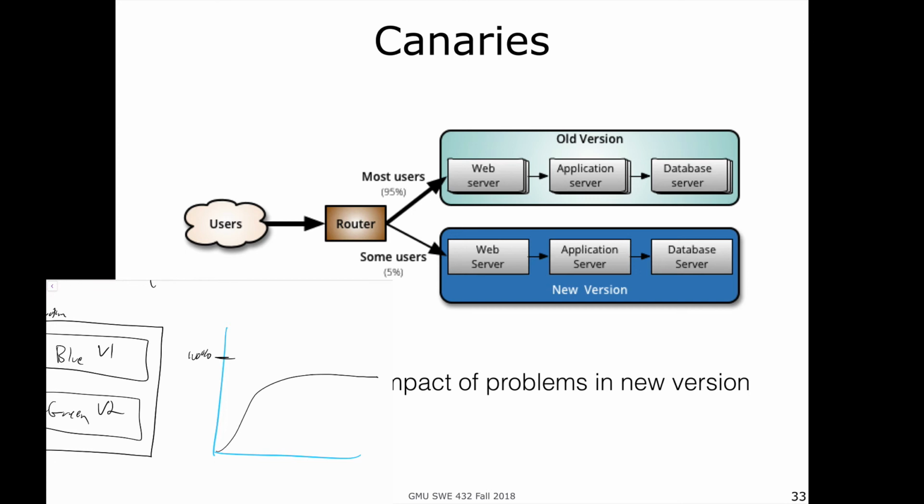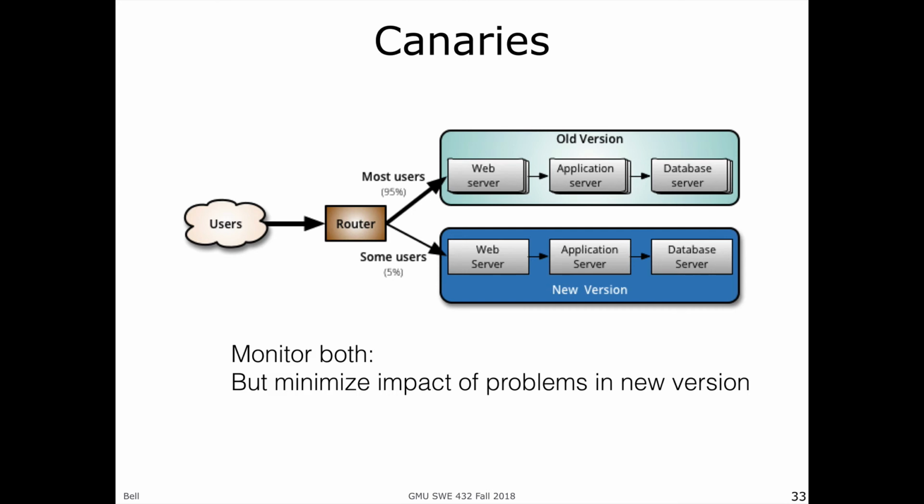And these performance bugs would be a lot more problematic if we had 100% of the users using it. But by having just some users start using this new version, we're able to see these bugs without impacting so many users. We're minimizing the impact of those problems.